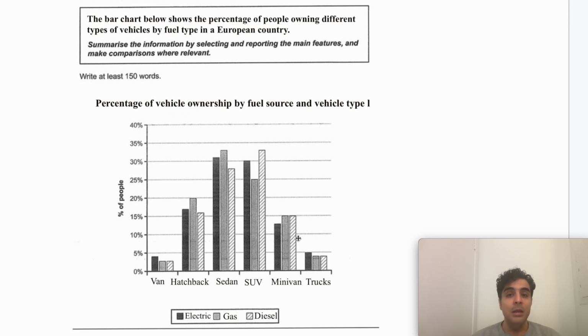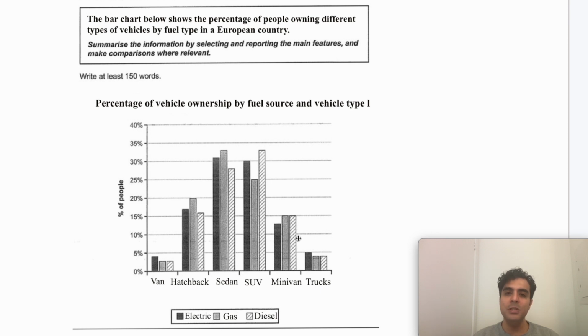So again, you could mention a general rule if there are no exceptions. So if we didn't have the diesel situation here, we could have said that the highest percentage of people in this European country owned a sedan. All right, that would have been true. But because we have this exception, we're going to have to put it this way.